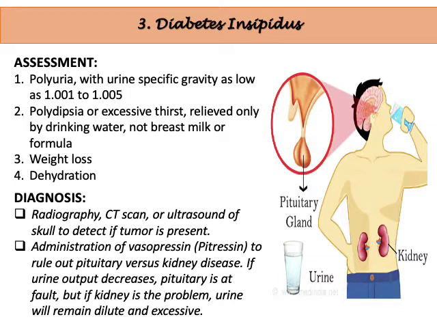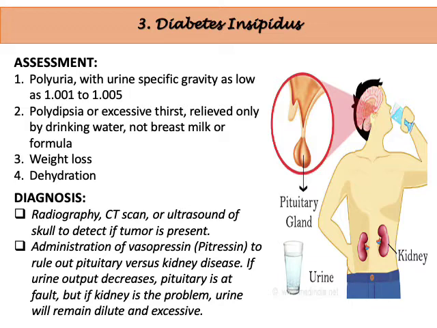Diagnosis: radiography, CT scan, or ultrasound can detect tumor in the skull. If this is present, it will warrant removal of the tumor. Next is through administration of vasopressin to rule out pituitary versus kidney disease. Vasopressin, as a review, is an endocrine drug which mimics the action of ADH.